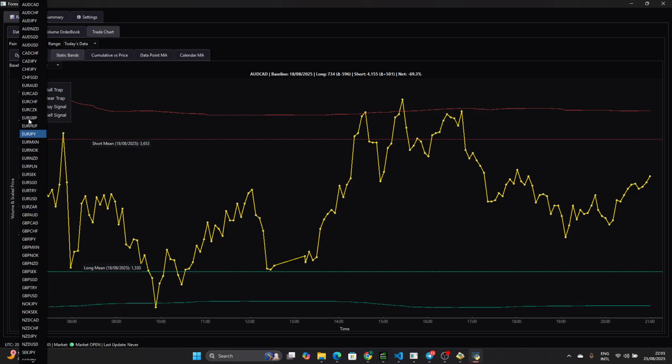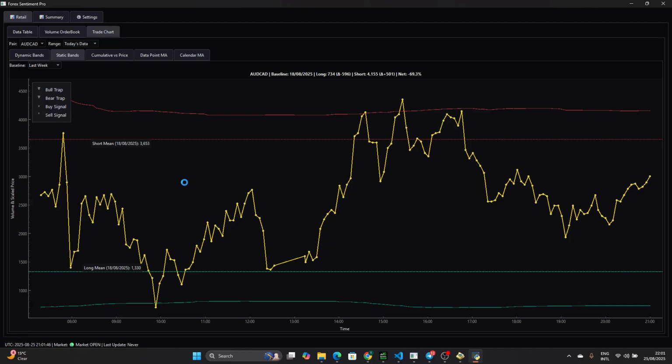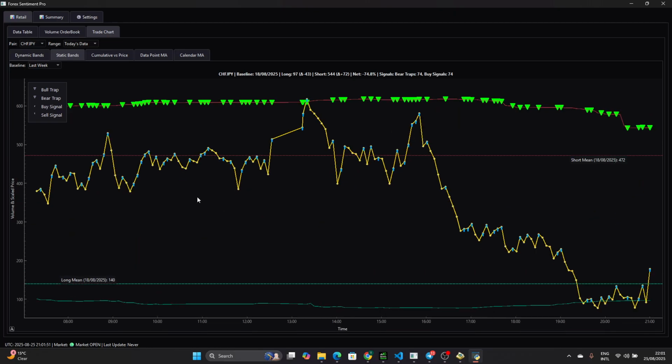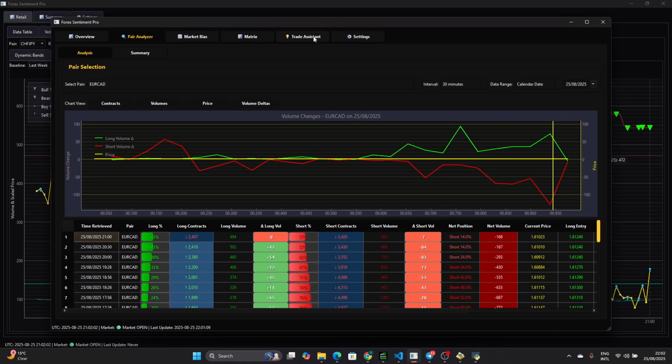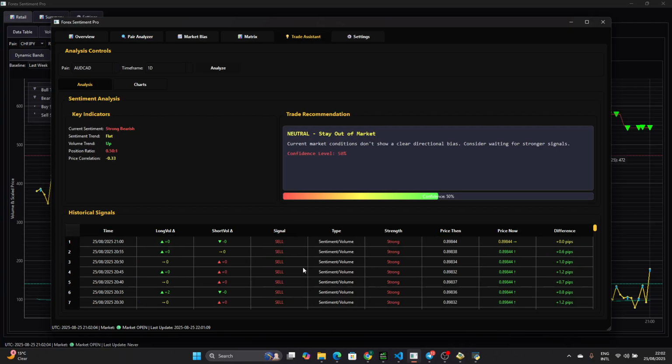If we switch to another pair, any pair actually, let's look at CHF-JPY. Okay, now we have some signals which I'm going to explain. In the previous version, we had the trade assistant, which I didn't explain.